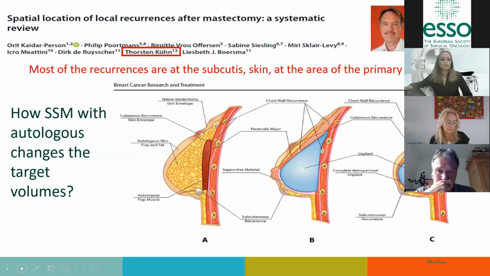So in case of skin sparing and nipple sparing mastectomy, it's in the area of the native breast tissue. And in case of autologous reconstruction, in this figure a TRAM procedure, we see that the recurrences are mostly at the area of the skin and the subcutaneous tissue of the native breast.